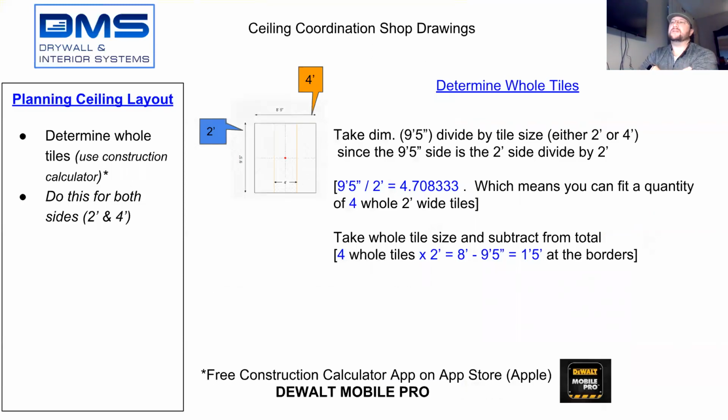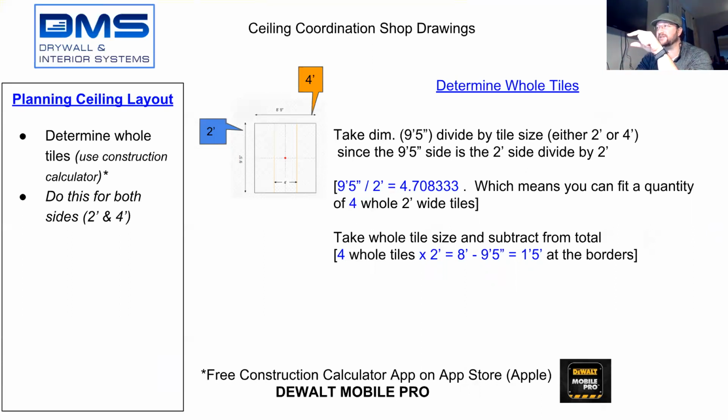So now we need to determine whole tiles. And this is where we're going to be doing some calculations to determine how many whole tiles fit inside of the ceiling. To do that, you're going to want to take the dimension of 9'5", divide by the tile size, either 2-foot or 4-foot.